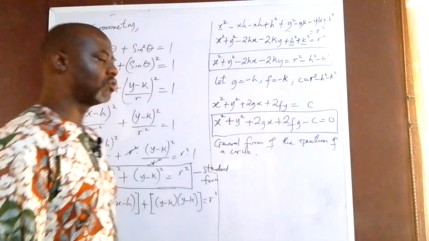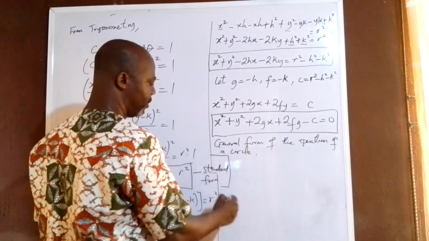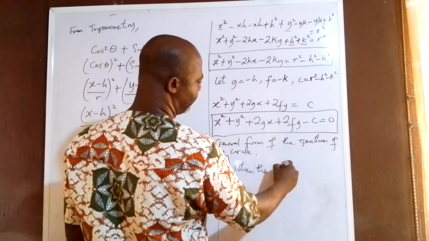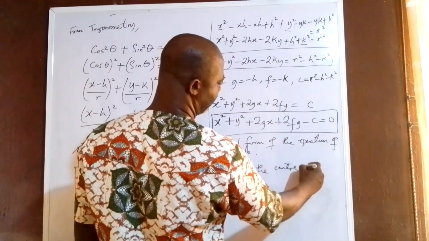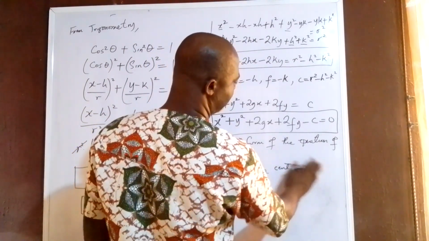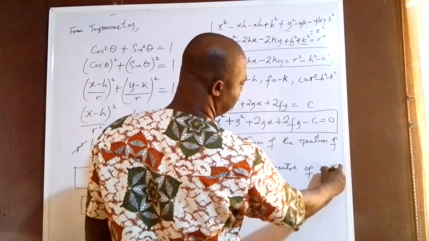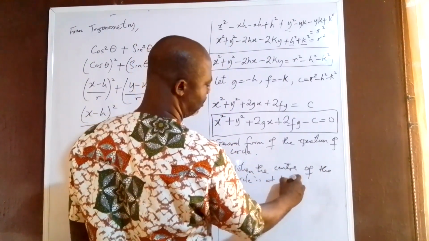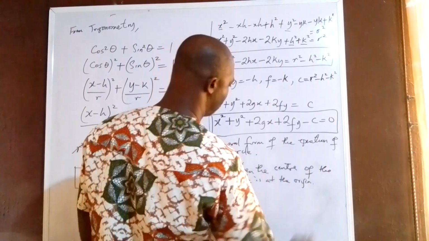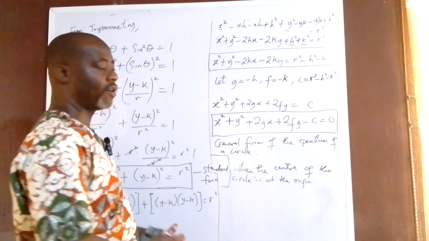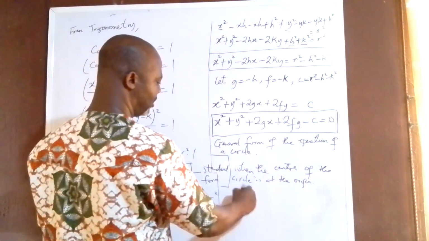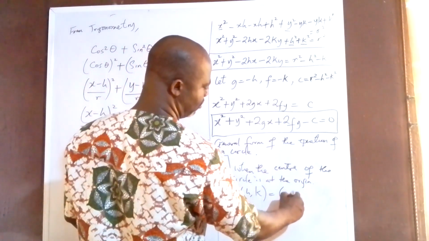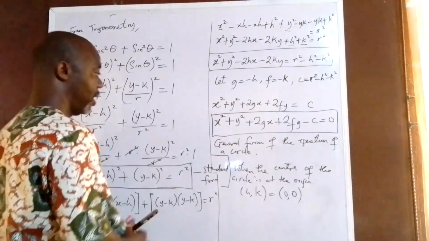Now let's show when the center of the circle is at the origin. What happens? That means that hk will be equal to 0, 0.